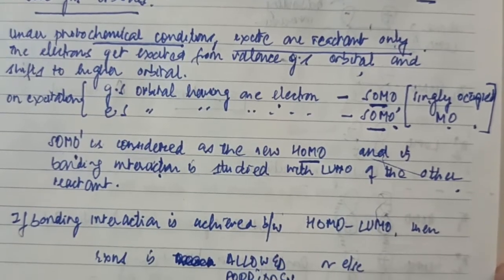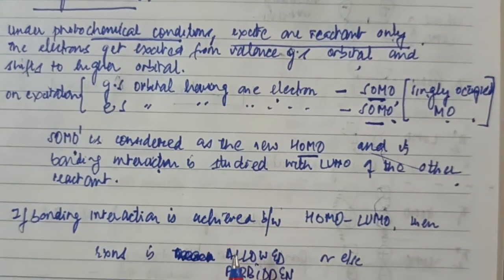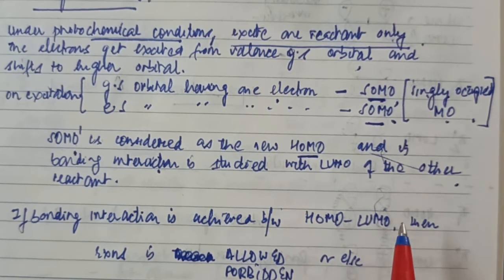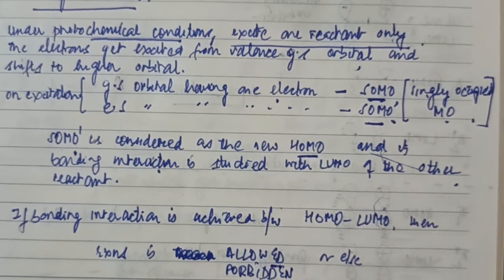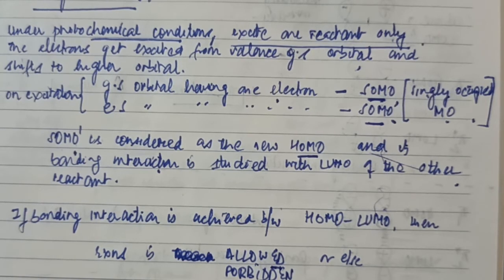And finally, if there is a bonding interaction between the HOMO and LUMO orbitals either in the thermal conditions or under photochemical conditions, that reaction is allowed. If there is any anti-bonding interaction which is encountered in a particular stereochemical mode, that reaction will be forbidden in nature. So I repeat what I've told you.